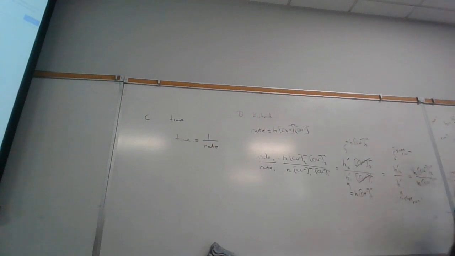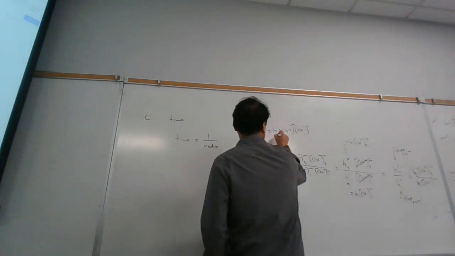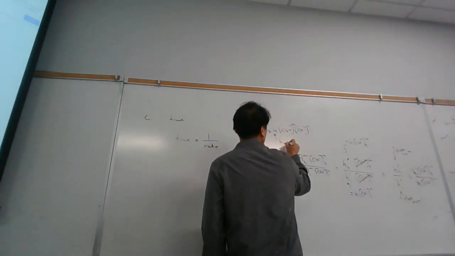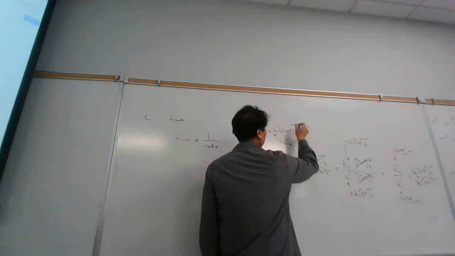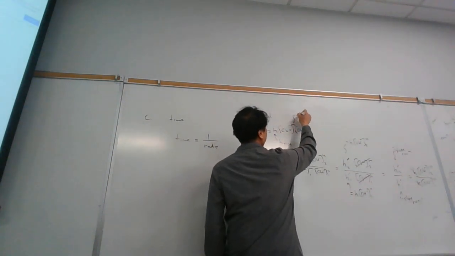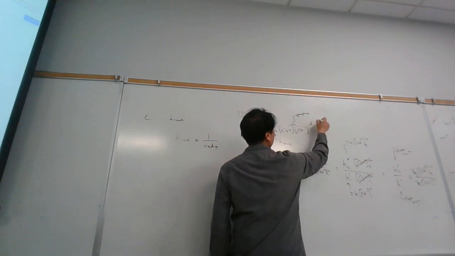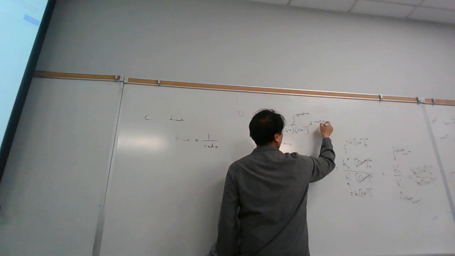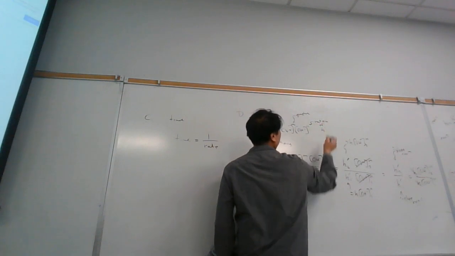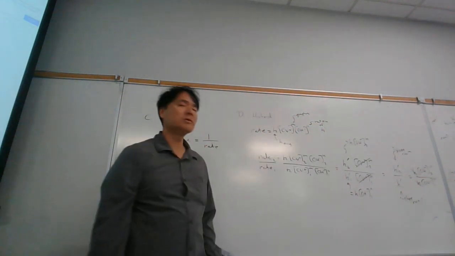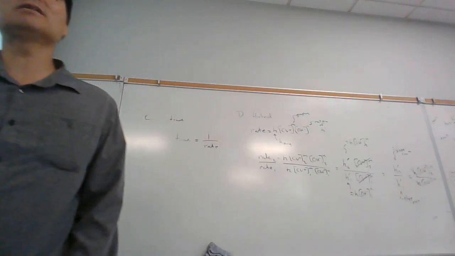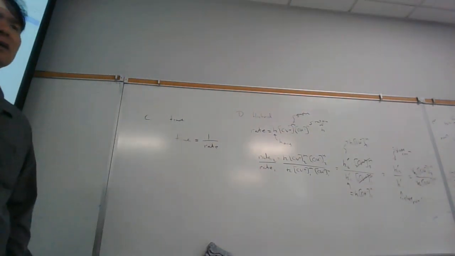And so what we'll get is this. This is going to come from k average over there. N is going to come from the graphs. N is going to come from the ratio of k primes. That is, it's going to be similar to the method of initial rates, but the method of initial rates just measures the rate.